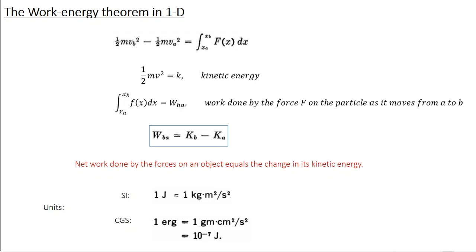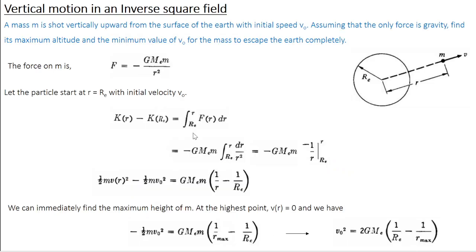Now, what is the application of the work-energy theorem? In certain cases, you can analyze the motion of a classical mechanical system without solving the equation of motion, using the work-energy principle. You can derive some important physical insights using this simple theorem. Let's see one such example.